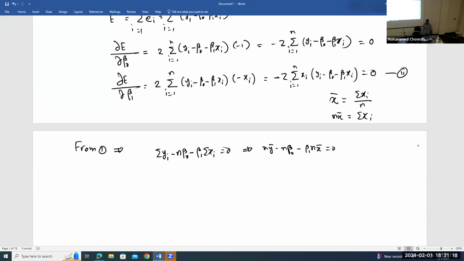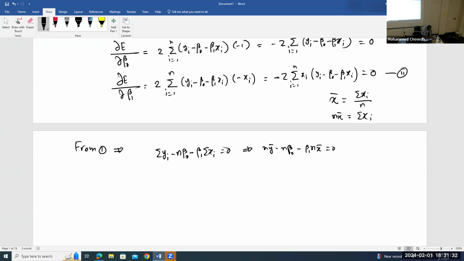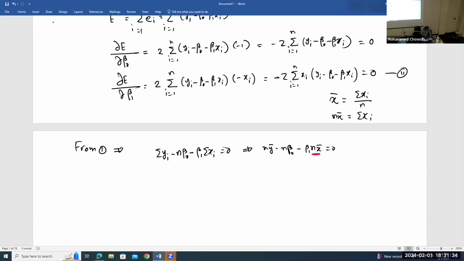This is the thing I have considered. When I plug in there n x bar, that is sum of xi. This is sum of xi, okay? So this is an x bar that you are seeing there. That n x bar, sum of x, this is coming actually from there. Okay?